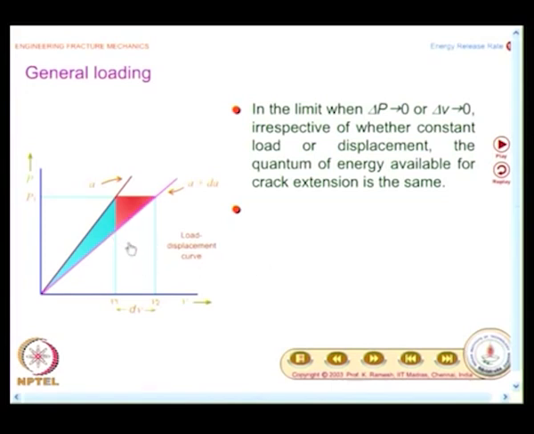So, what you will find is the difference is, in one case you have the complete triangle as the strain energy difference, in another case it is a truncated triangle like this. So, I will have an extra red portion like this, and here only mathematics comes to your rescue in appreciating what kind of process we are looking at.